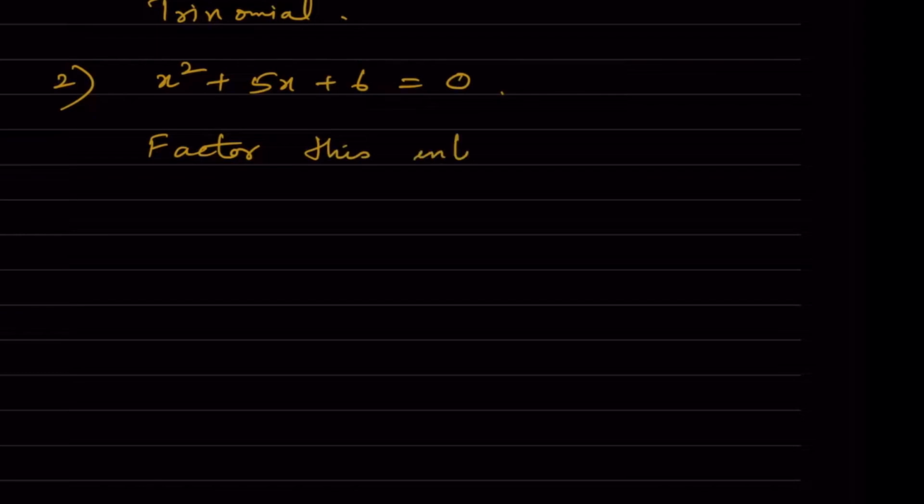So now suppose you are given an expression x square plus 5x plus 6 is equal to 0. So first what we do is we factor this into two binomials.